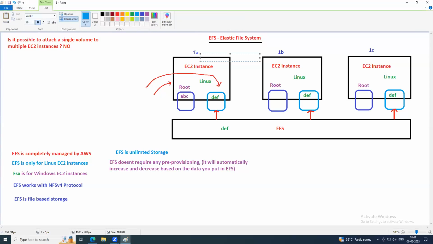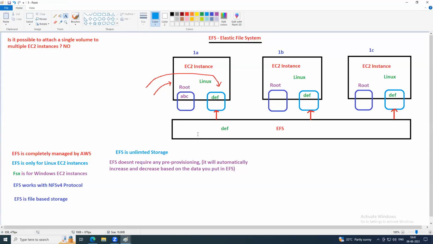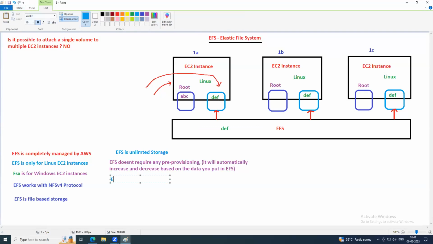One is the first EC2 instance in 1A, second one is in 1B, and third one is in 1C. So I can attach this EFS across different availability zones. So EFS can be mounted to multiple EC2 instances at the same time across availability zones.